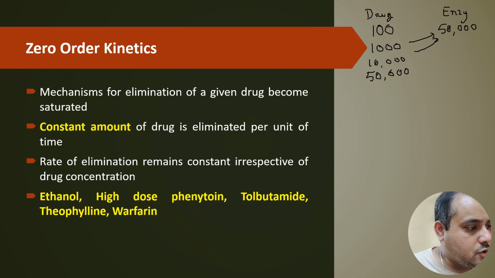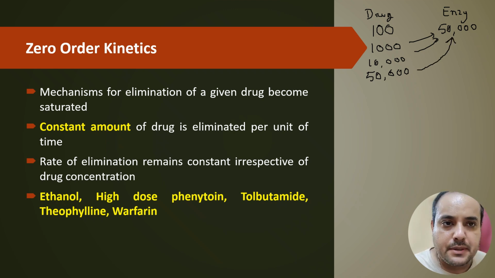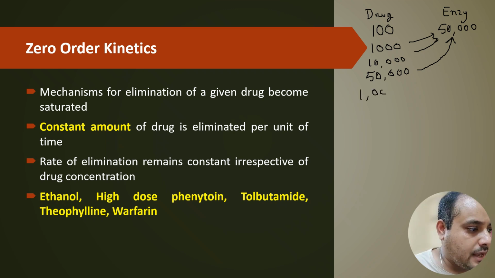Now it is equal to the number of enzymes that are present for the purpose of clearing the drug, or for drug metabolism. Now I keep on increasing the dose. Now I make it 1 lakh molecules. But even then the number of enzymes is 50,000 only.